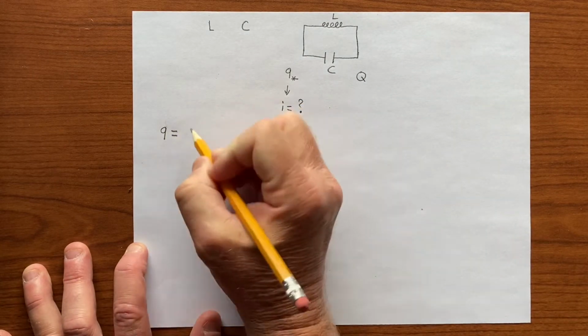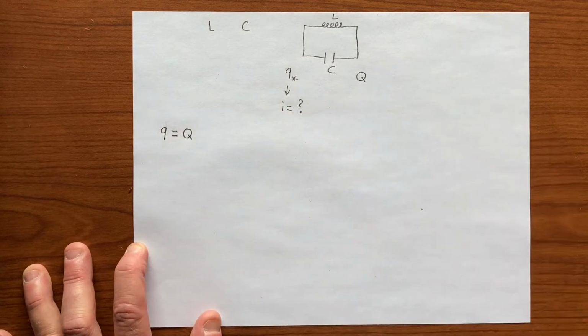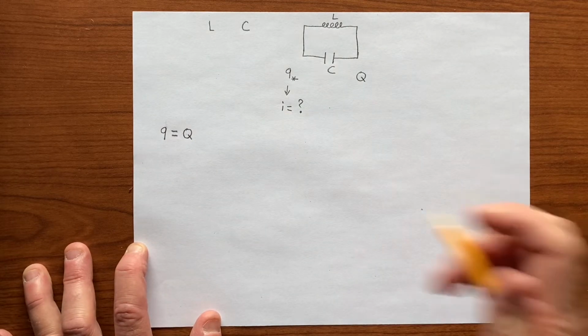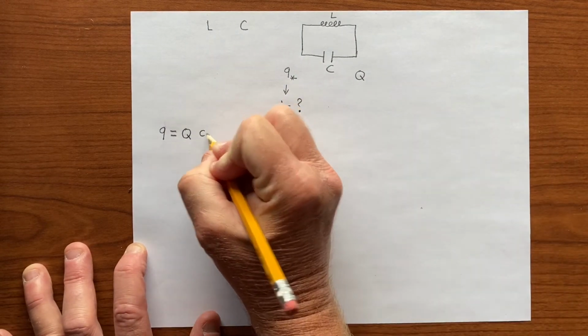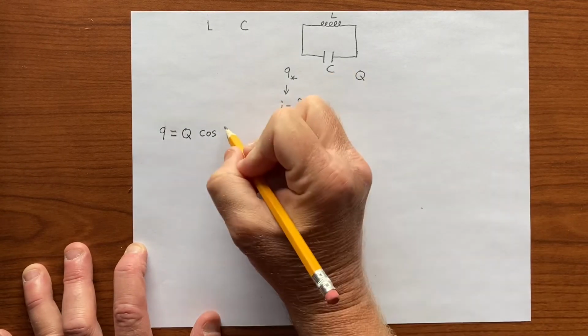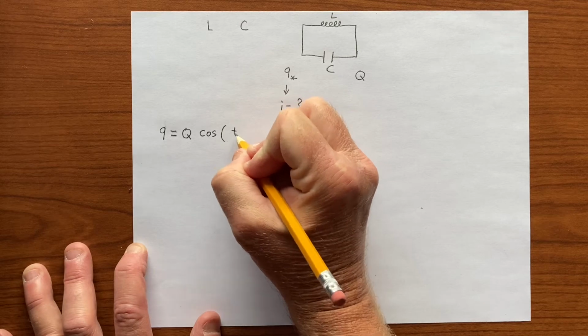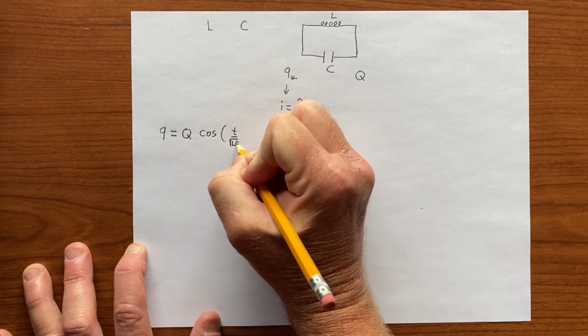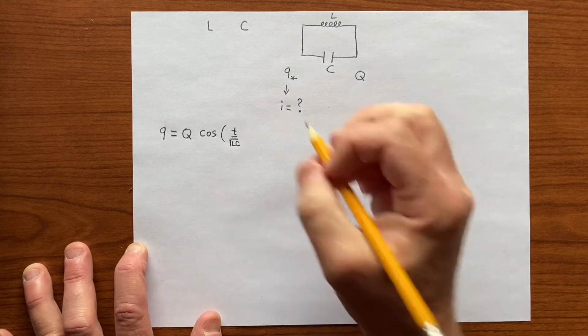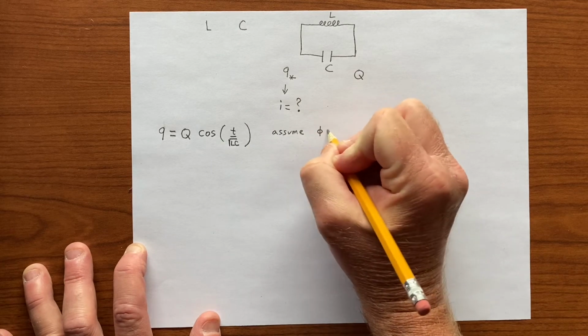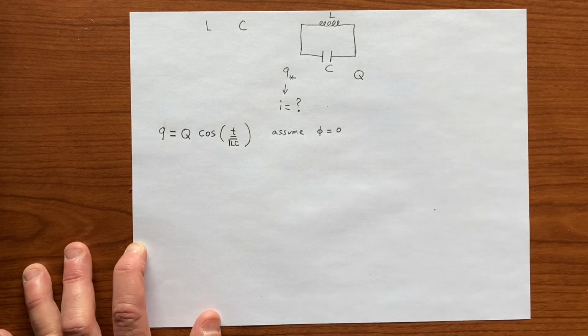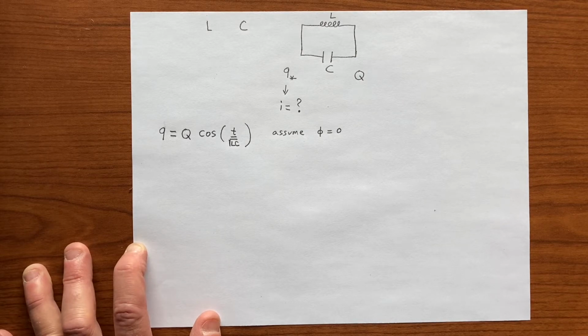So the charge is the amplitude, which is the maximum value of the charge, times the cosine of omega t, and omega is 1 over the square root of LC, plus phi, but let's assume that phi is 0. The initial value of the charge at t equals 0 is the maximum value. We can just scale that.